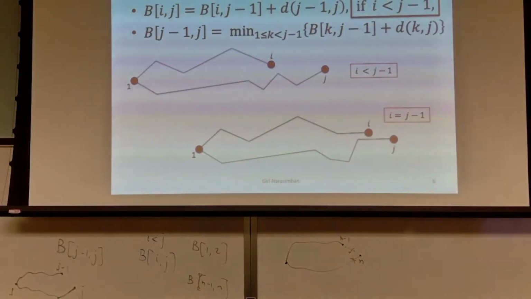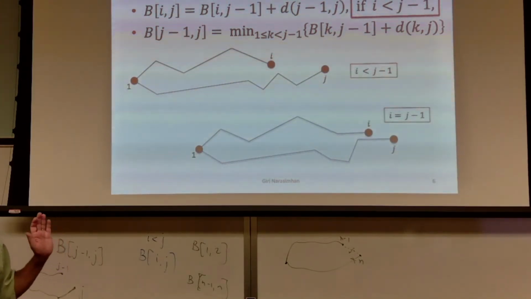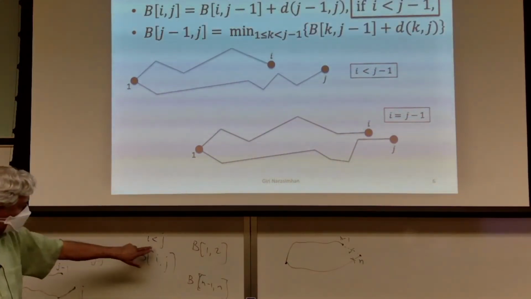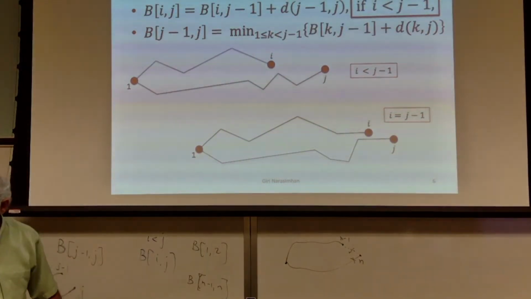So first of all, what is b of i, j? b of i, j is the optimal curve where one path ends at i, the other ends at j. So one path goes to i, one path goes to j, from the leftmost. And you have to cover everything from 1 to j. And the only thing you need to know is that i is less than j, strictly.